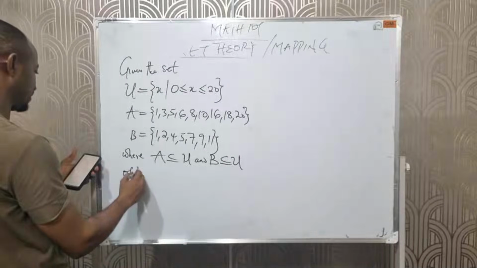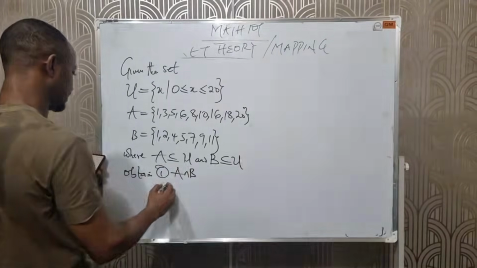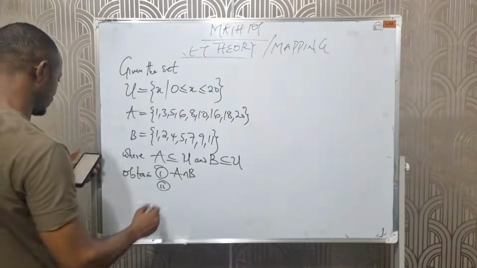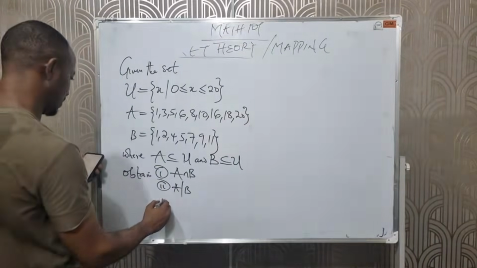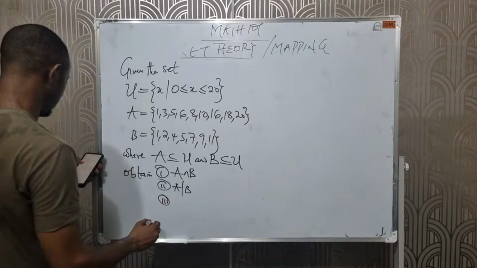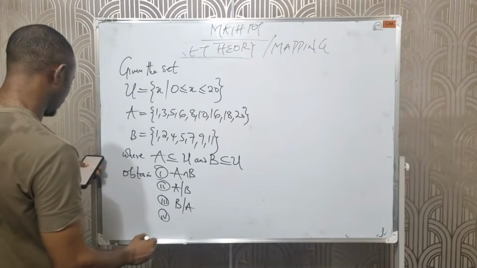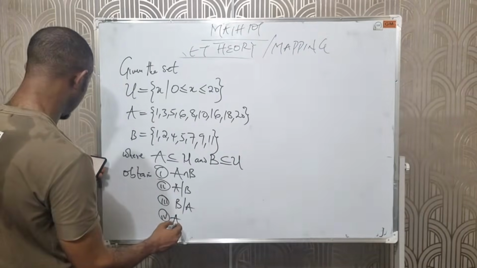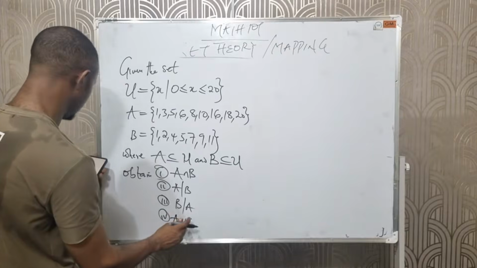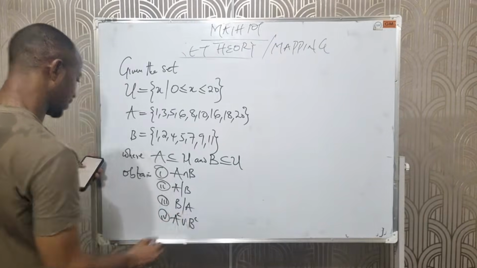Then obtain: number 1, A intersection B. Number 2, A difference B. Number 3, B difference A. Number 4, A complement union B complement.